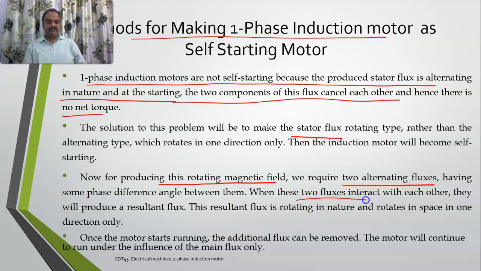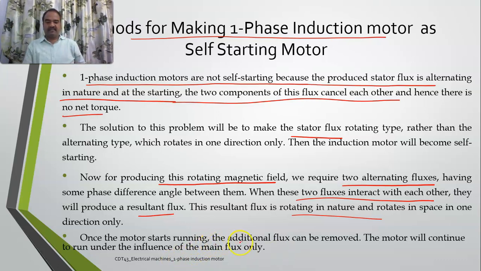When these two fluxes interact with each other, they produce a resultant flux, which may be rotating in nature, rotating in space in one direction. Once that happens, your motor starts running, and then you can remove it, because once it comes into motion, the motor keeps moving.